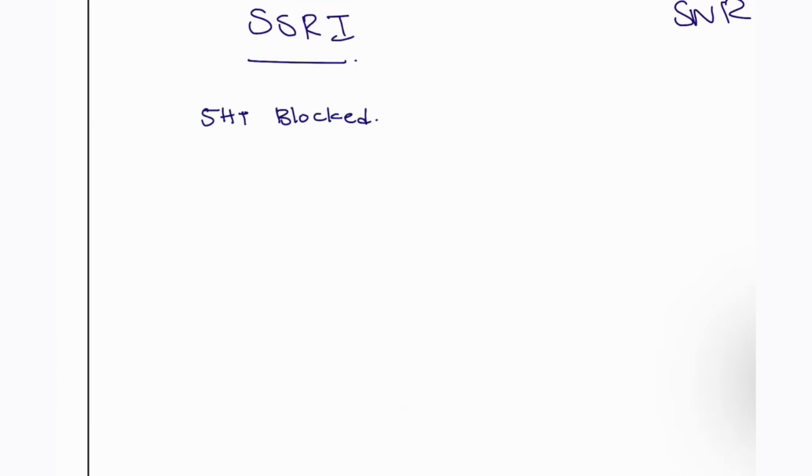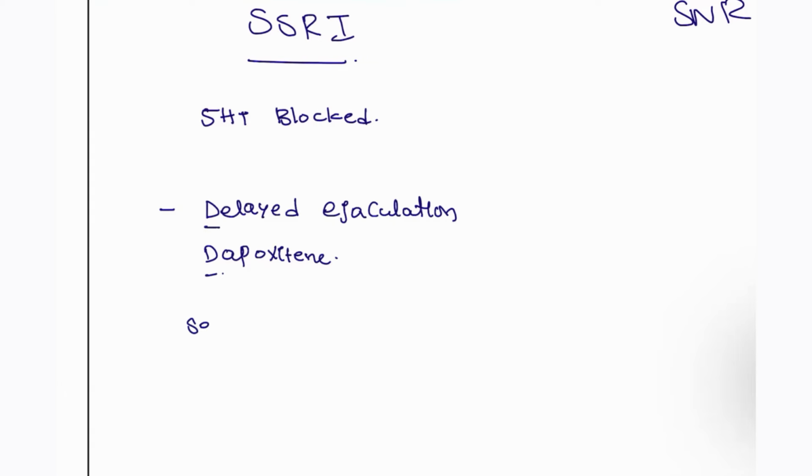Usually these patients will be associated with some side effects, the most important one being delayed ejaculation. If it is delayed, most commonly D for dapoxetine. Dapoxetine is associated with delayed ejaculation. And there will also be a risk of serotonin syndrome.